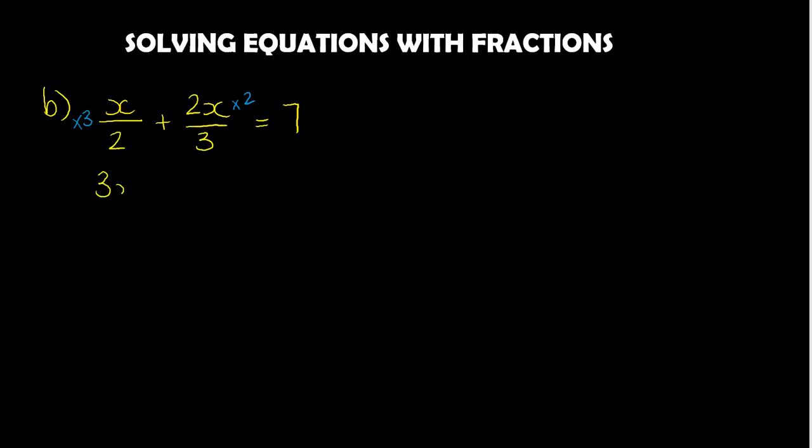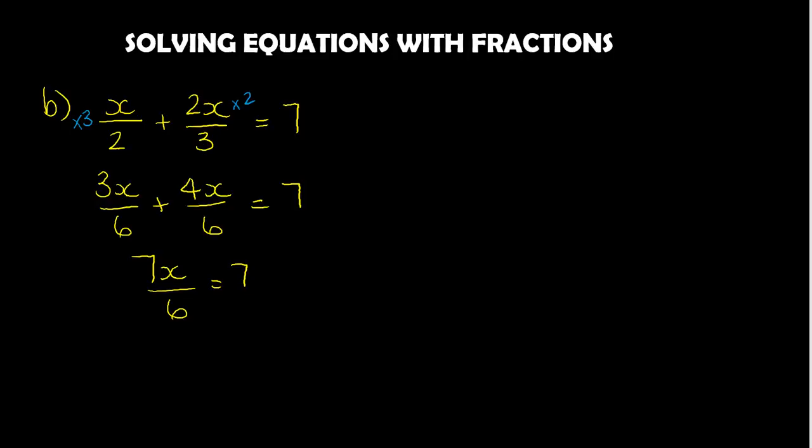So I'm left with 3x over 6 plus 4x over 6 equals 7. Now that I've got a common denominator, I can add these two together. So I'm left with 7x over 6 equals 7. A common mistake that people make is they try and cancel the 6 here. We are still adding fractions, so do not cancel it now.